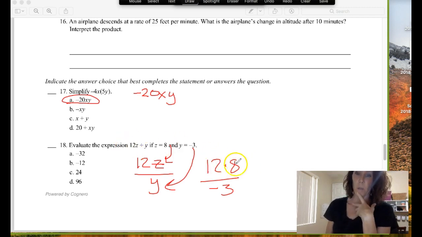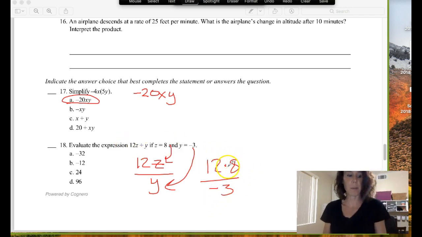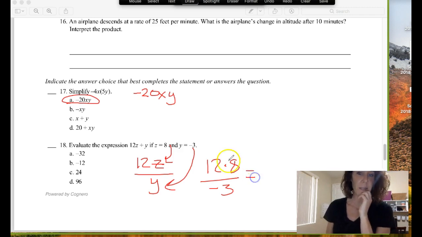Well, this is all multiplication and division. So I'm going to do my multiplication on top first and go 8 times 12, and I'm doing this from left to right. I'm multiplying these first, and then I'm dividing by -3. And that's going to give me, if I do 8 times 12, I'm going to get 96 divided by -3. It's going to give me -32. And that would be A.